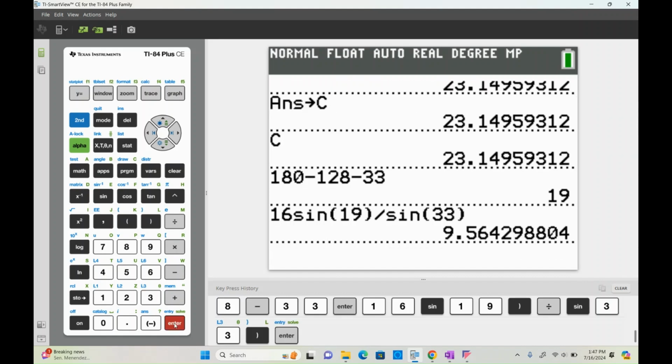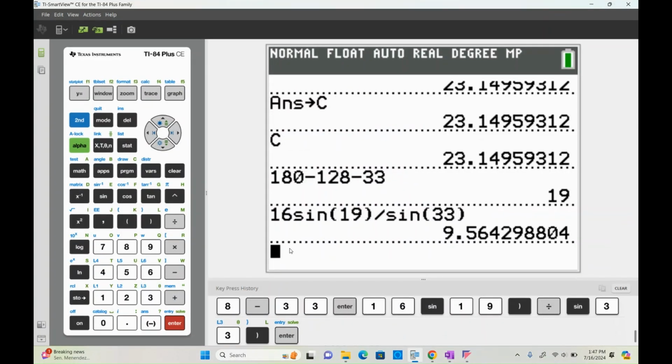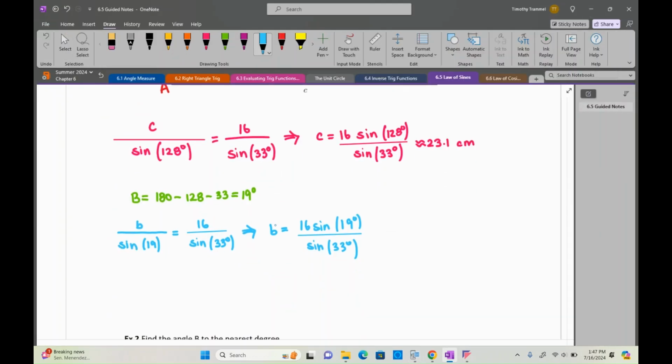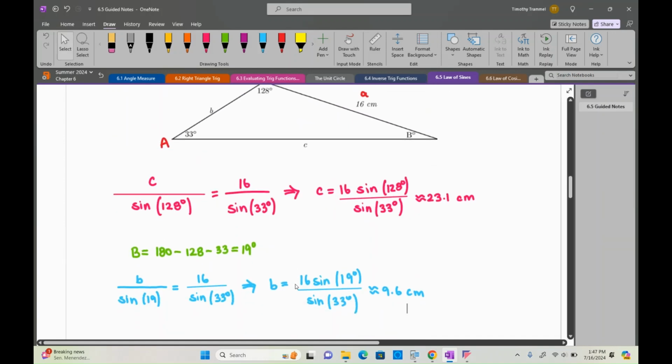And so we're getting here about 9.56. Okay. And it did say again to round side lengths to the nearest tenth. And so if we round this to the nearest tenth, that's going to be 9.6. Okay. There we go. So now we have officially solved the triangle.